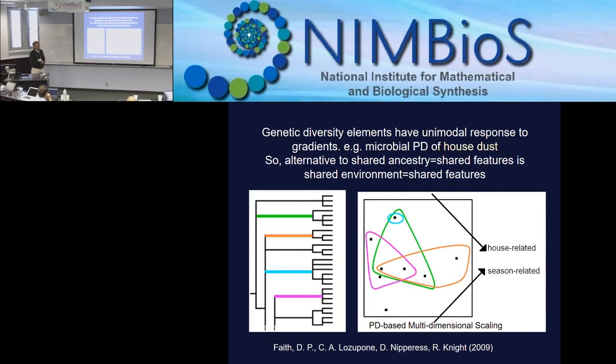And we find that if we go to different houses, different seasons, and so on, we can better understand the turnover in genetic diversity using this sort of environmental model. And that probably is a lot better than a tree model.